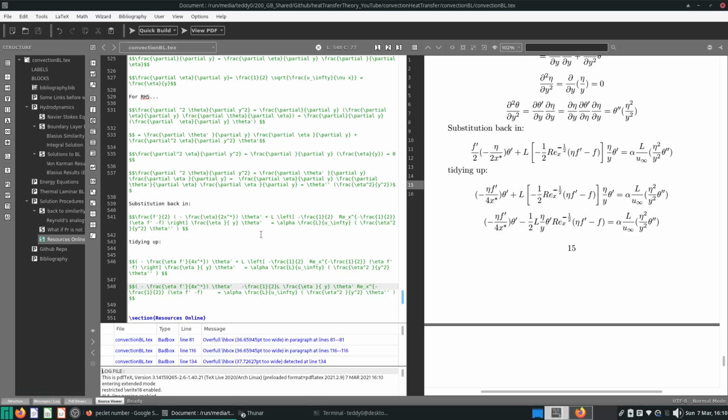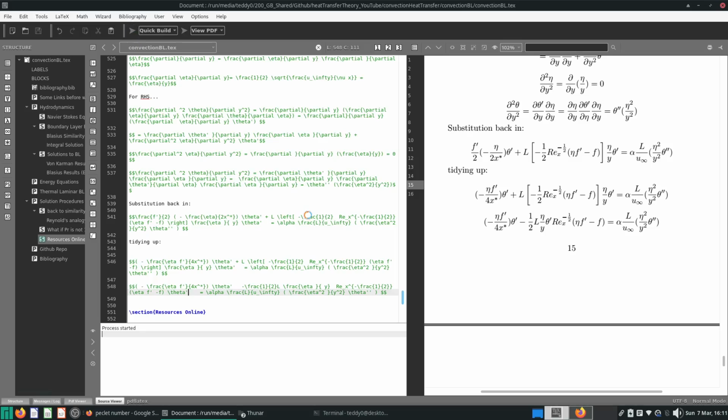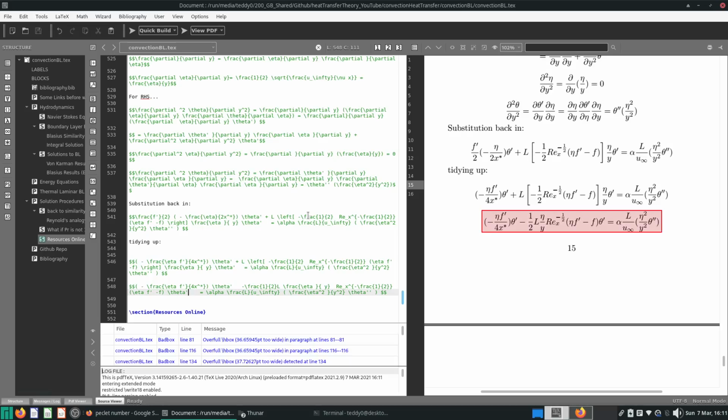Okay, in that case, let's see whether we can bring theta prime to the back just to see whether it's neater. And we'll bring eta y to the front. Eta and y to the front. Let's go.